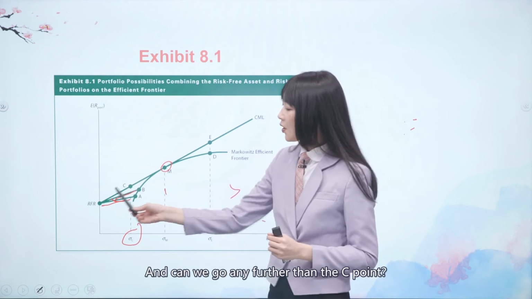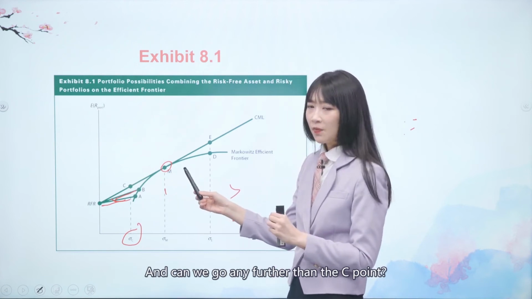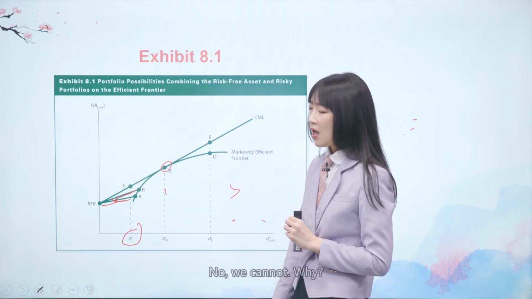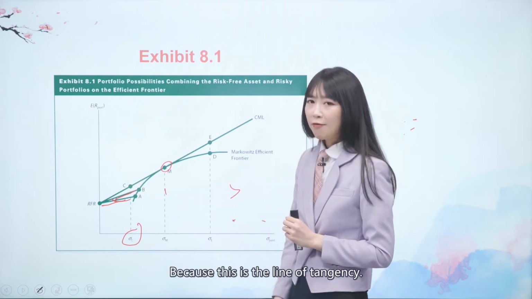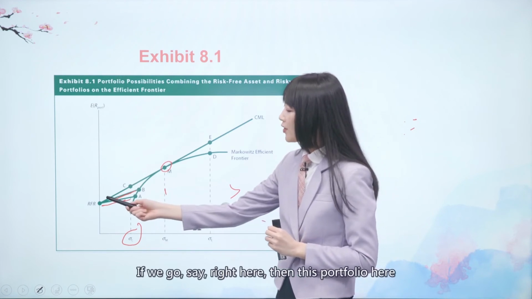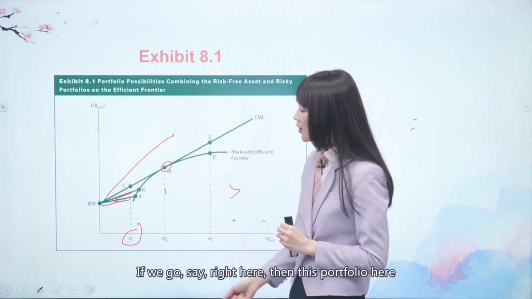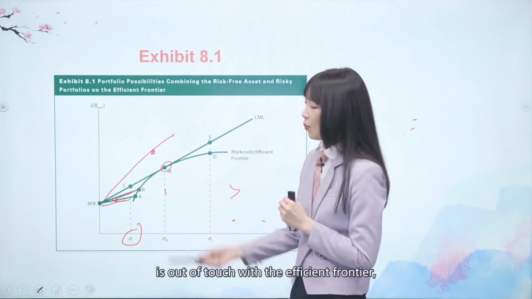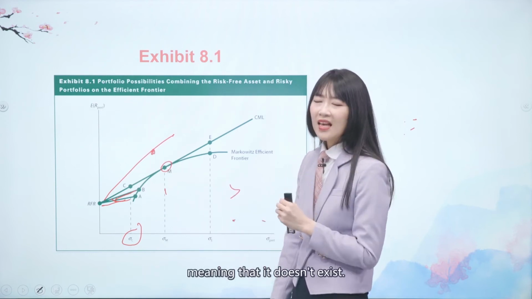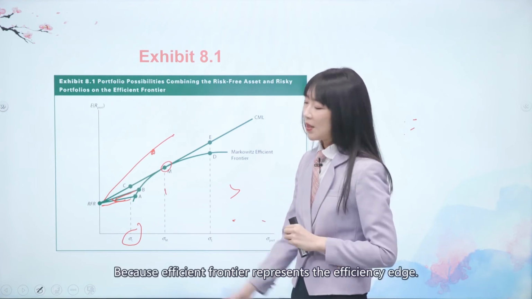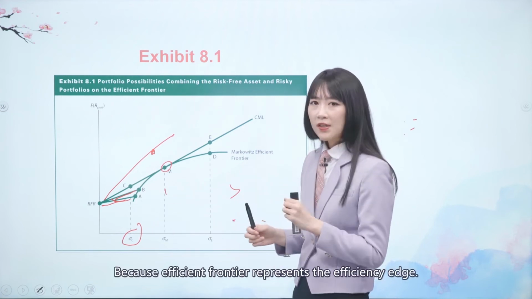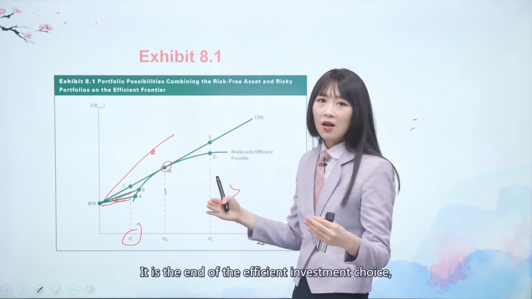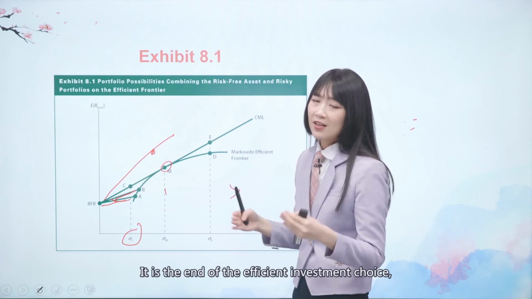Can we go any further than the C point? No, we cannot. Why? Because this is the line of tangency. If we go, say, right here, then this portfolio is out of touch with the efficient frontier, meaning that it doesn't exist, because the efficient frontier represents the efficiency edge. It is the end of the efficient investment choice.